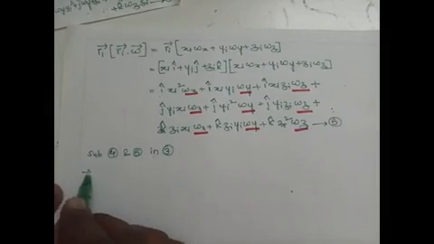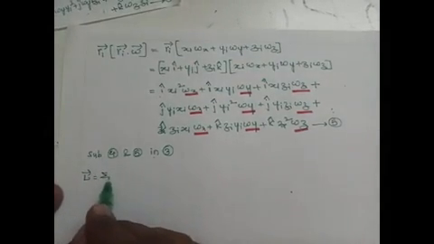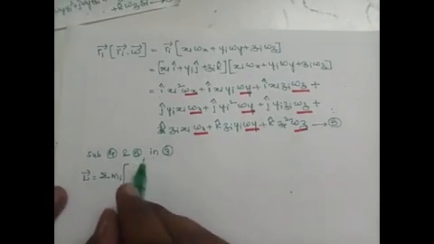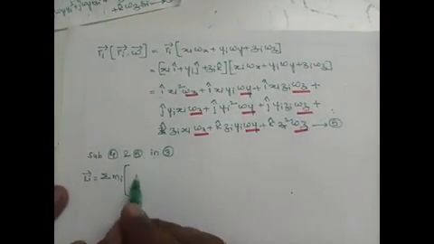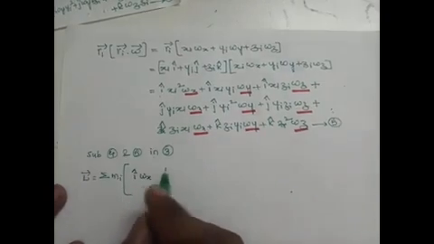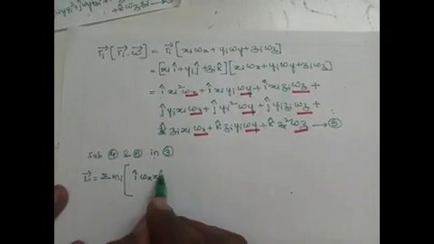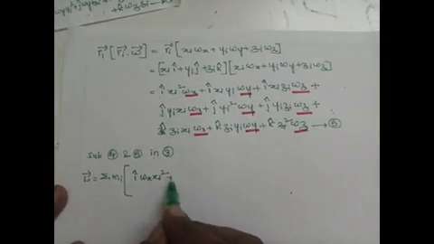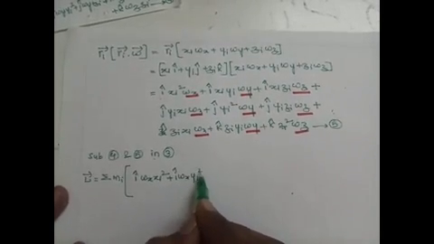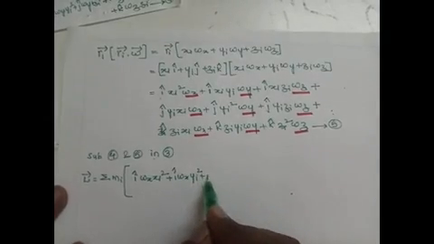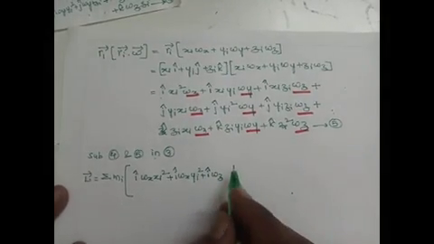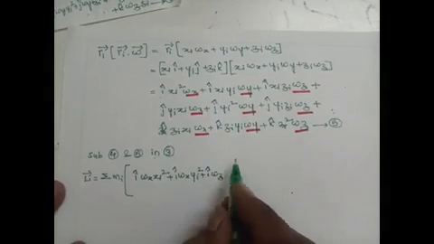L bar equals summation mi. Now substitute equation number 4: i cap omega x xi square plus i cap omega x yi square plus i cap omega x zi square.